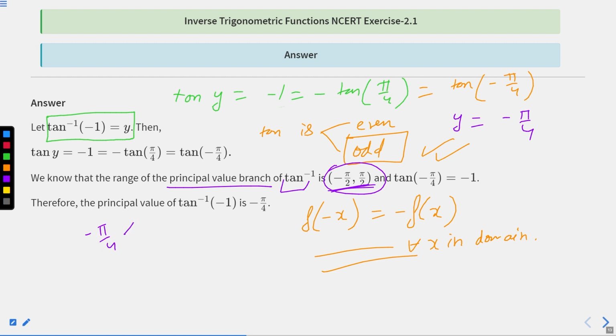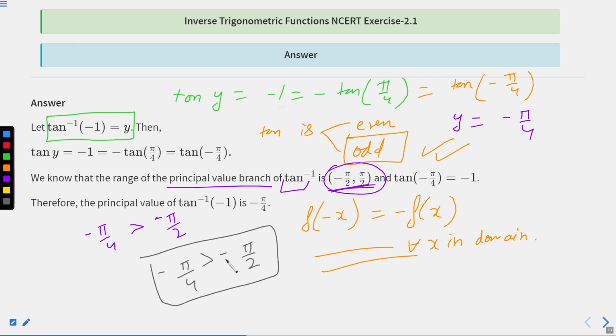Is it strictly greater than minus pi by 2? Yes, because minus 2 pi is strictly greater than minus 4 pi. Divide by 2 both sides, and then by 4 both sides, and you get that minus pi by 4 is strictly greater than minus pi by 2.